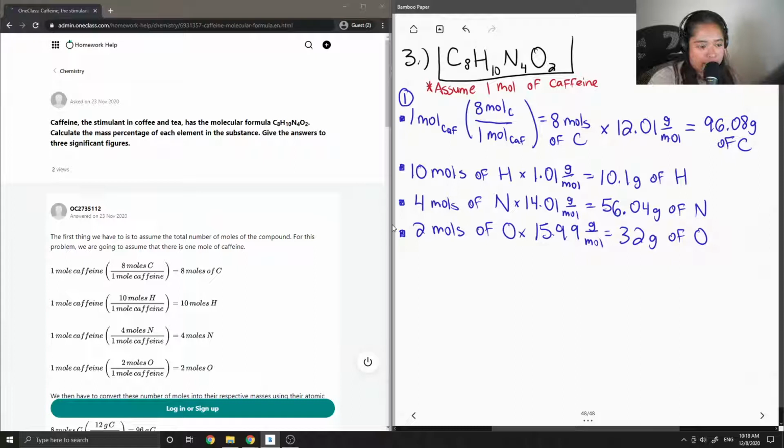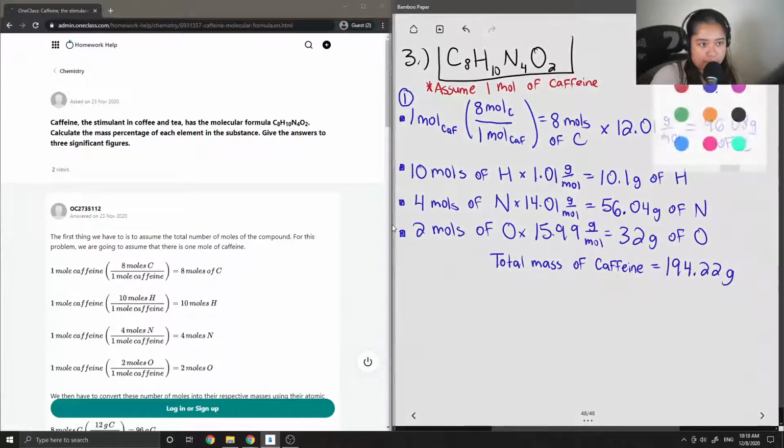So if we add all these values up, we can get the total mass of 1 mole of caffeine. Okay, so adding them all up, you end up getting 194.22 grams. I'm gonna put this in a box.